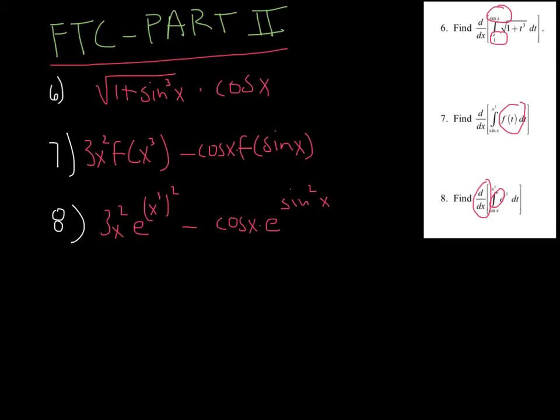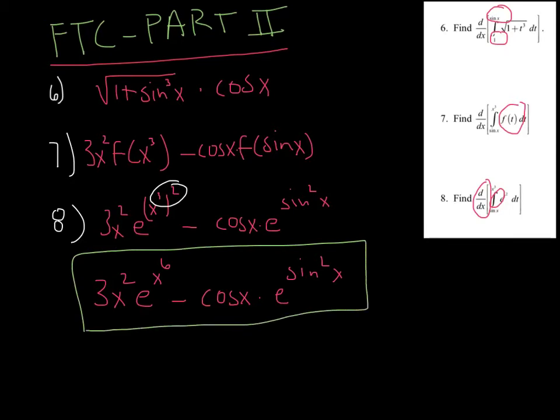X cubed squared, multiply your exponents, so that's going to give you a final answer of 3x squared e to the x to the sixth minus cosine of x times e to the sine squared x. And that is the answer to this problem.